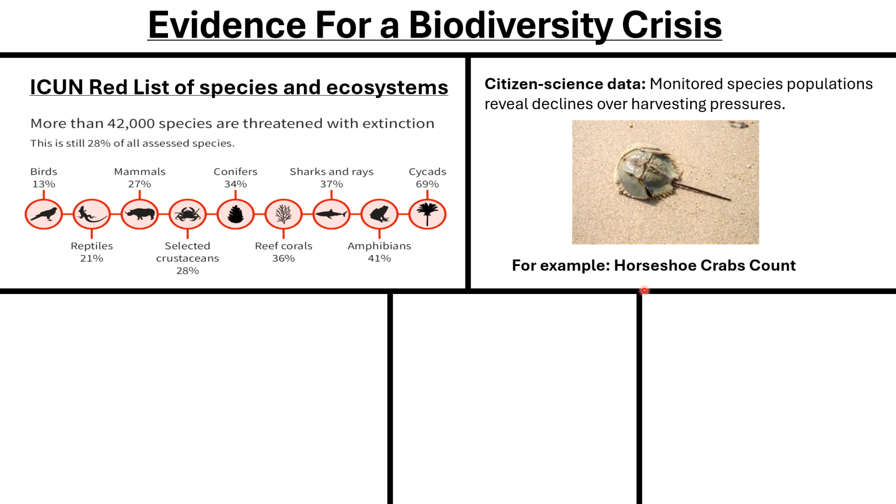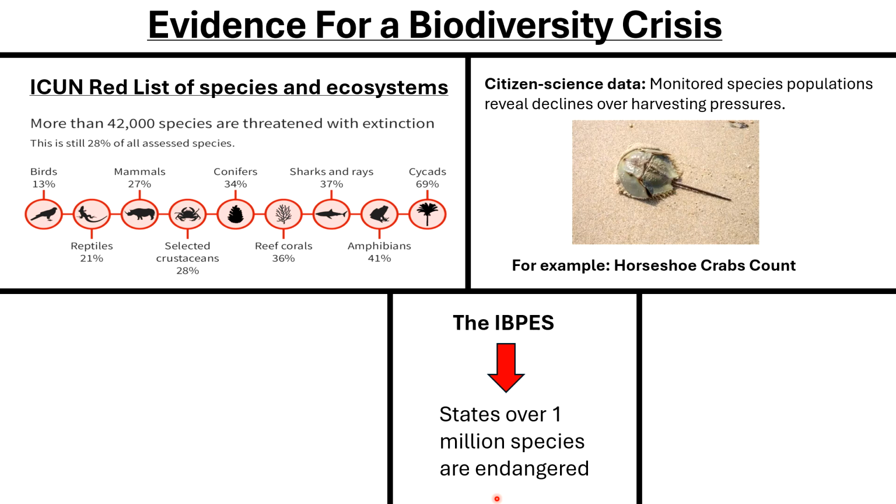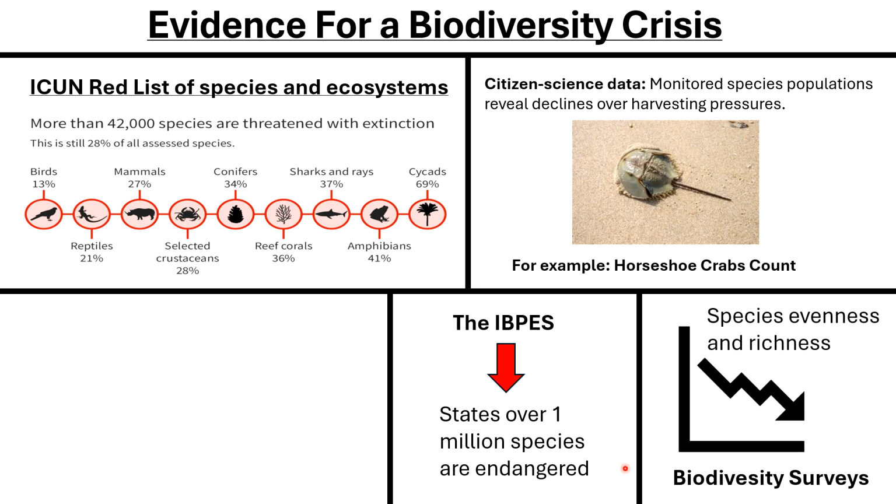An example of this would be the amount of horseshoe crabs at the moment. Then we have the IPBES, which states that over 1 million species are endangered at the moment. And lastly, we have that certain biodiversity surveys have shown that species evenness and richness has declined over the years.